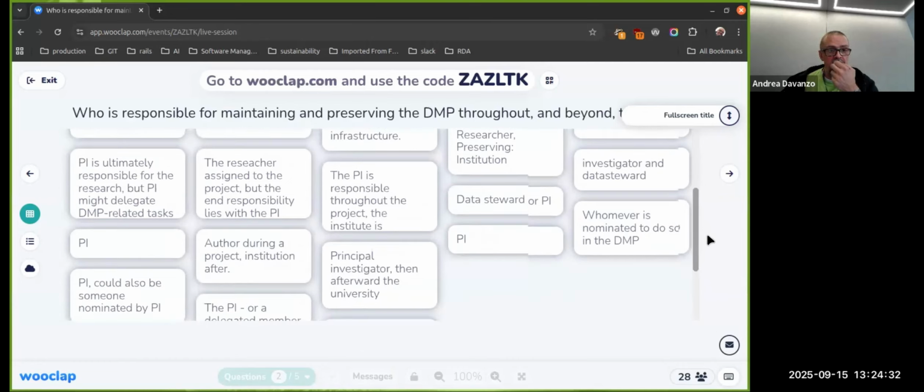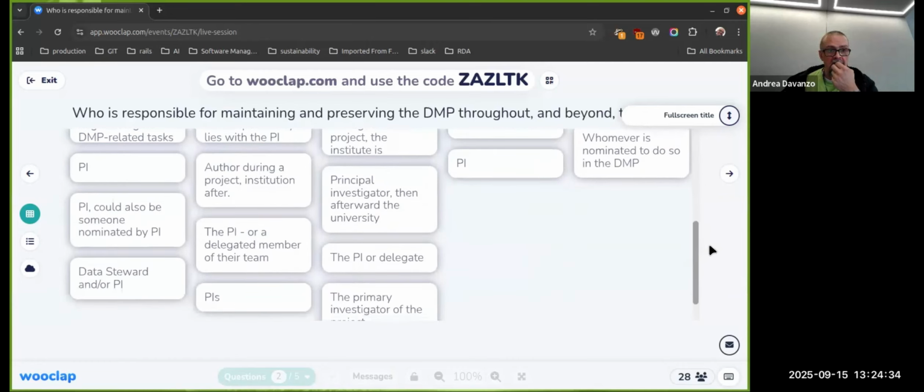But I also found some interesting answers, for example, data stewards and/or PI. This question was raised because during the conversation with some of you, we also had this feedback about data stewards, who are in a way in line with the PI and the collaborators for many reasons.